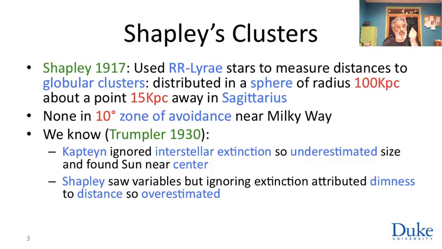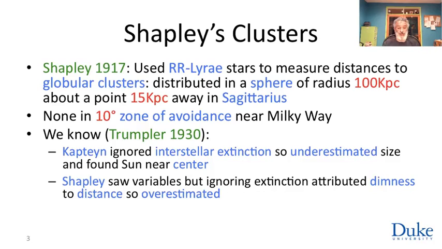He measured dim RR variable stars. He interpreted that, because he thought he knew their luminosities, as them being distant, since he was neglecting extinction. And so he thought the globular clusters were farther than they actually were. Therefore, Shapley overestimated distances due to extinction, whereas Kapteyn was underestimating distances due to extinction.